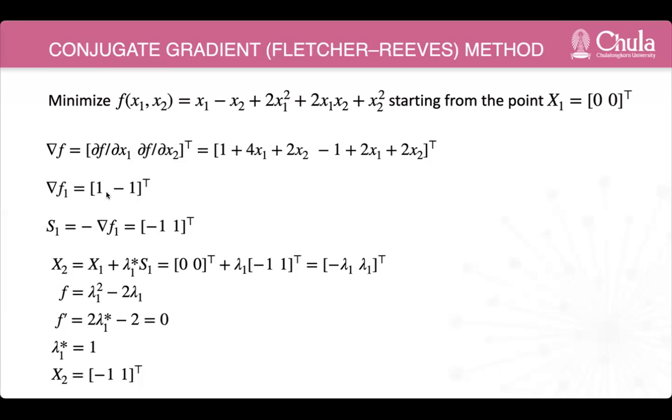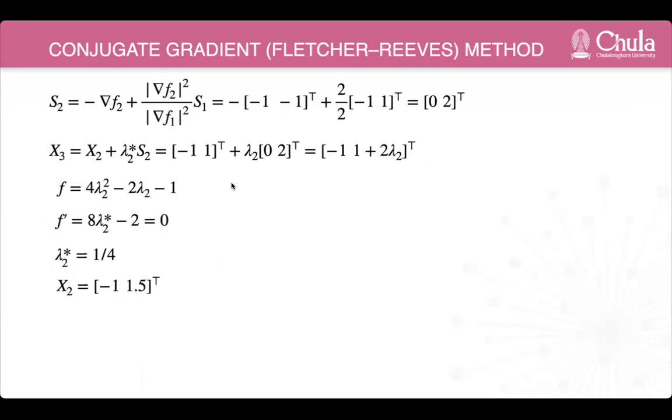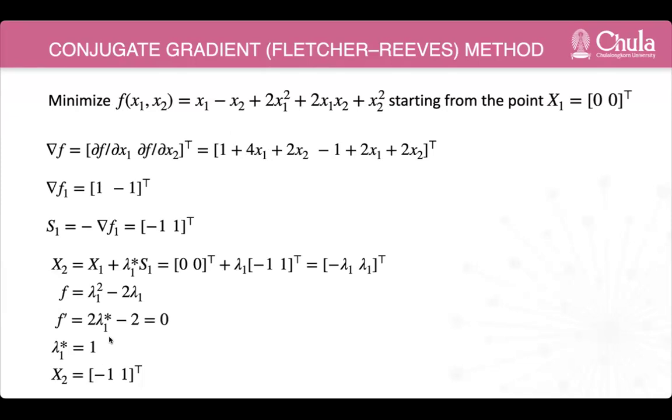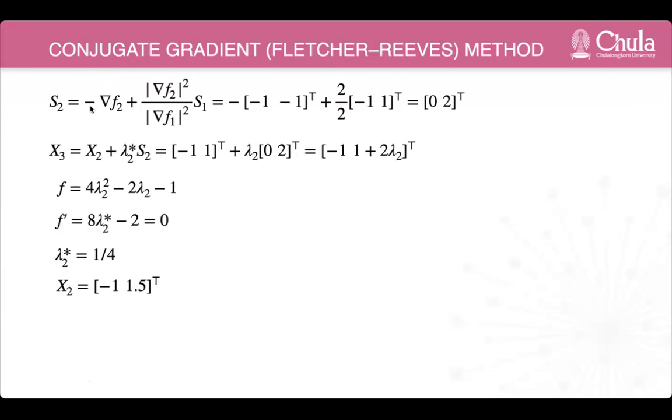We take the derivative and find the steepest descent direction. Then in the next iteration, we take that information and modify it with the previous direction.